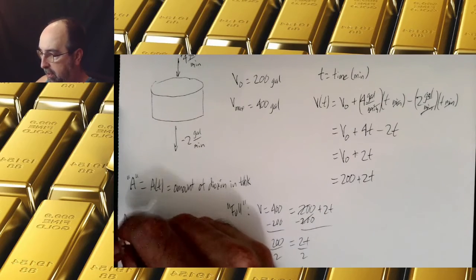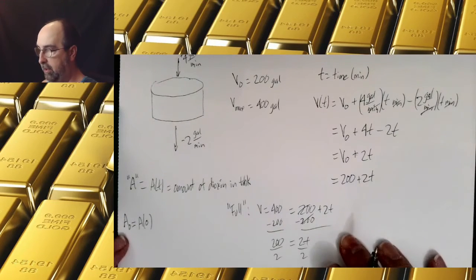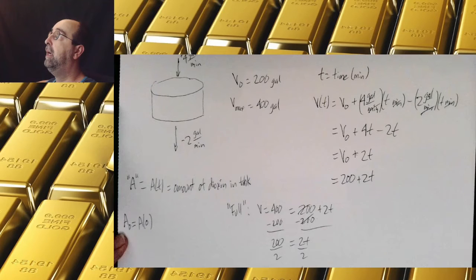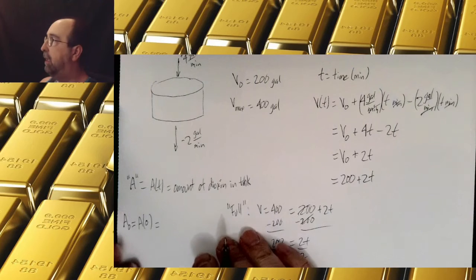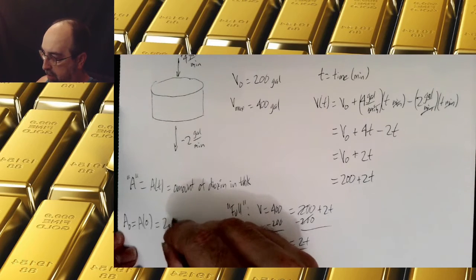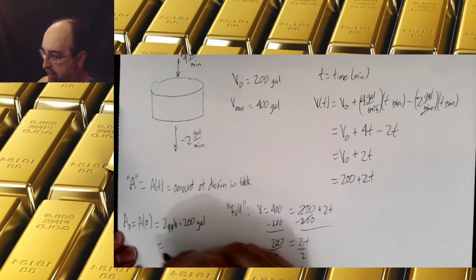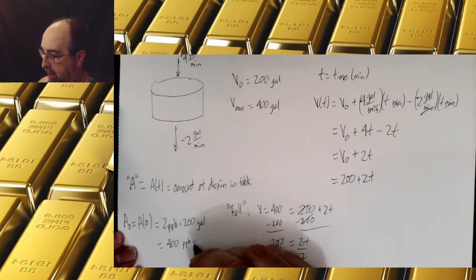For example, the initial amount in the tank, which could be written as A naught or A at time 0, could be expressed as 2 parts per billion times 200 gallons. And you get this very strange expression, 400 parts per billion gallons.